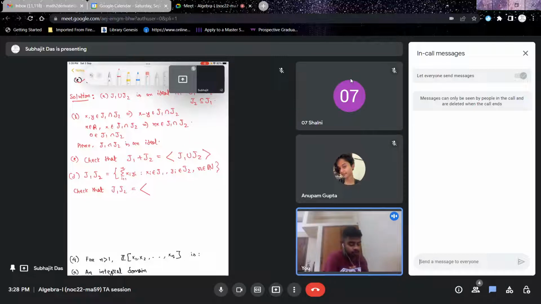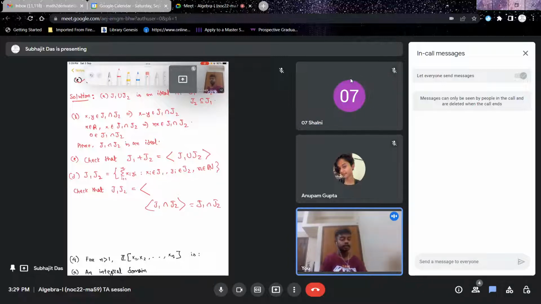The intersection won't work, right? Because suppose you take the intersection, this is already an ideal. What is the ideal generated by a subset? It's the smallest ideal containing that subset. Now J1 intersection J2 itself is an ideal, so the smallest ideal containing J1 intersection J2 is precisely J1 intersection J2, right?